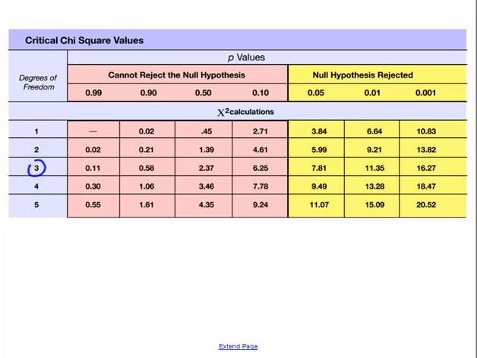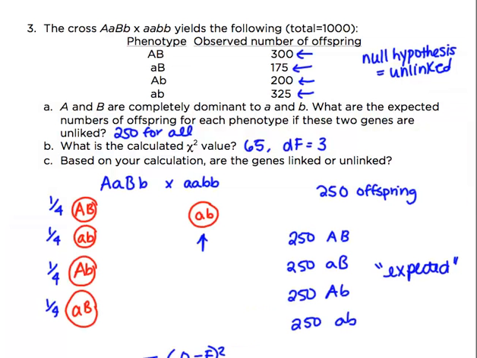It falls way down here, which means that there's less than 0.1% chance that these deviations are due to random chance, which means that we reject our null hypothesis. So if this is rejected, that means that these genes are linked.